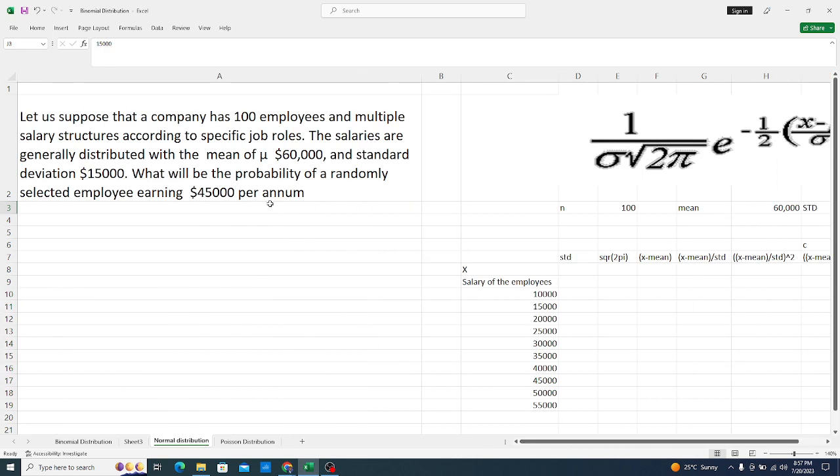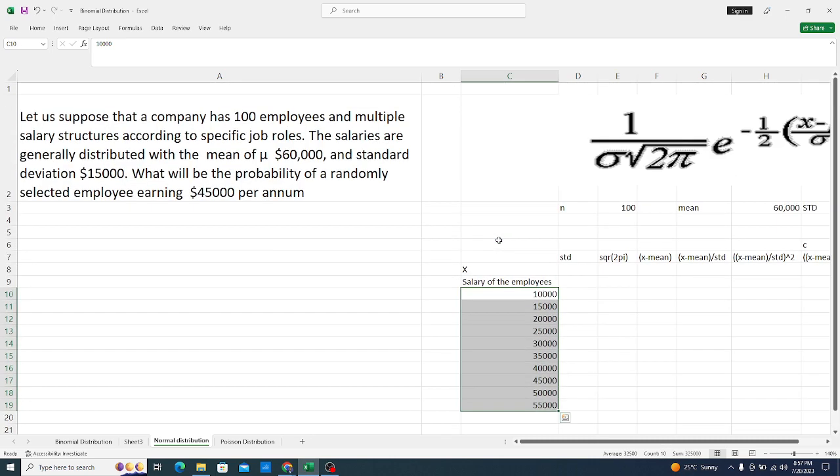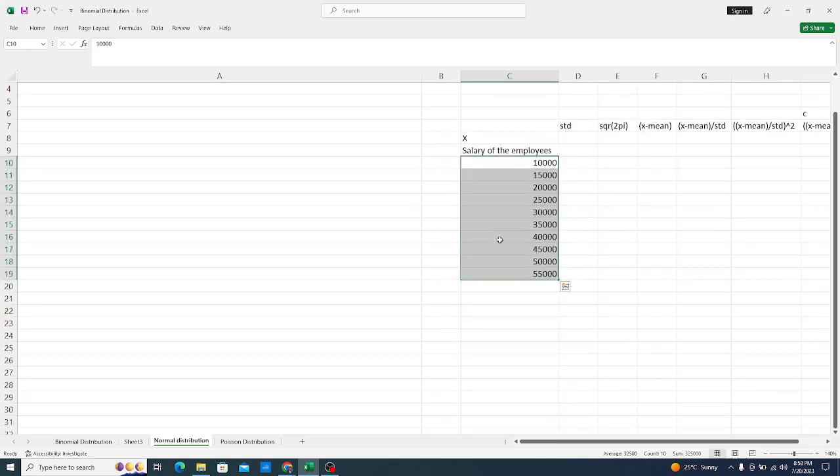And this is already provided in our question. If it wasn't provided, then we could take the average of our total employees' salary. If we had 10 employees, we could take the average salary of these employees.